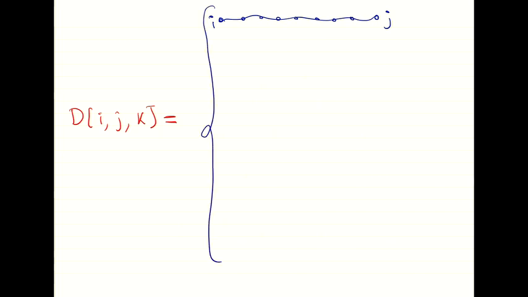Okay, so let's say k is on the shortest path. Actually, let's do the easier case. Suppose k is not on the shortest path from i to j. Okay, k is not on the shortest path from i to j, which uses vertices from 1 through k.